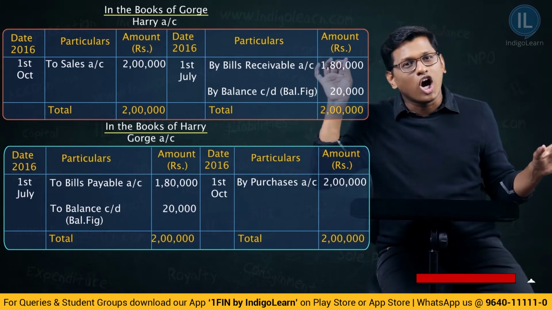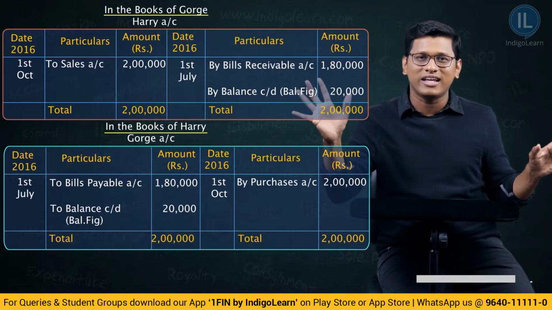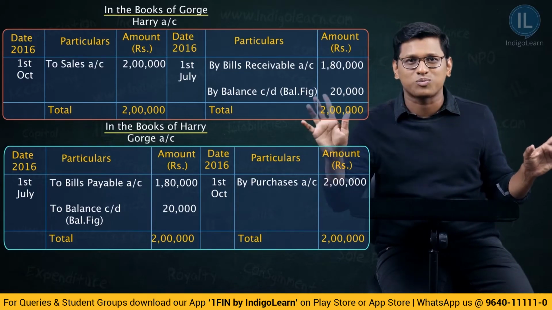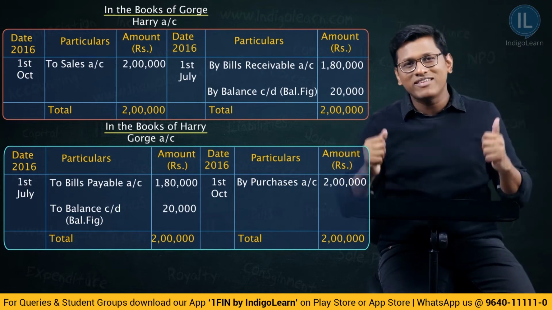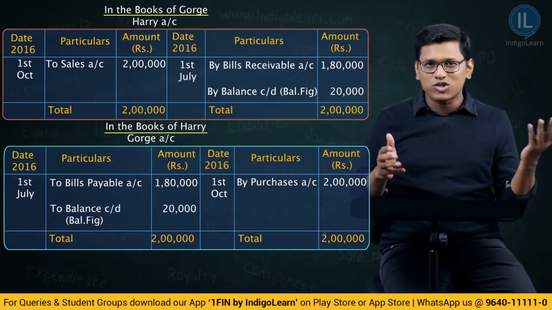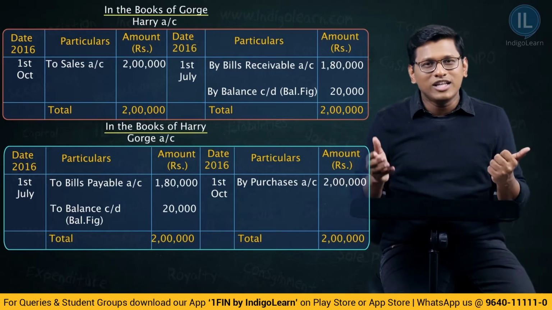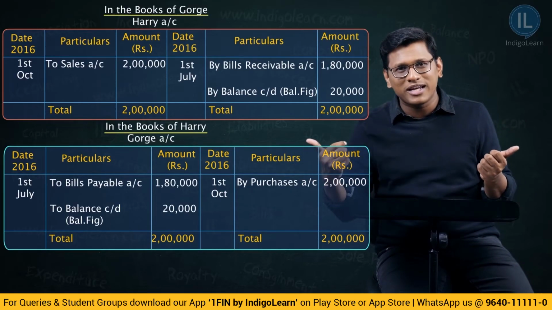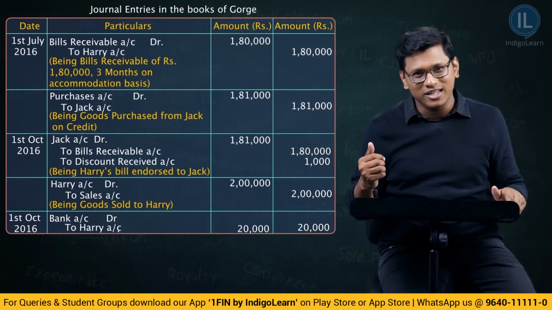Here in George's books, there is 20,000 receivable from Harry. That is what we are going to finally settle. So what entry will be passed for that? Harry has to pay 20,000 rupees to George. Okay, so come on, tell me. In George's books, it will be receipt of money. So write down cash or bank account debited to Harry.